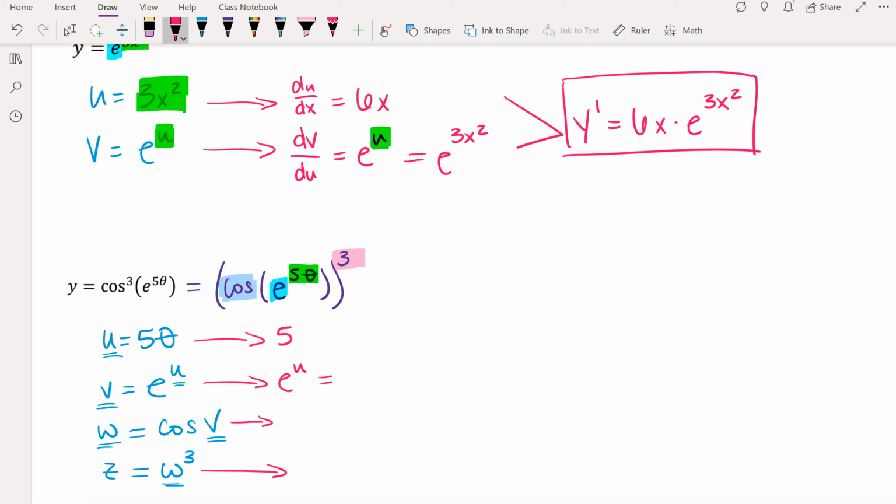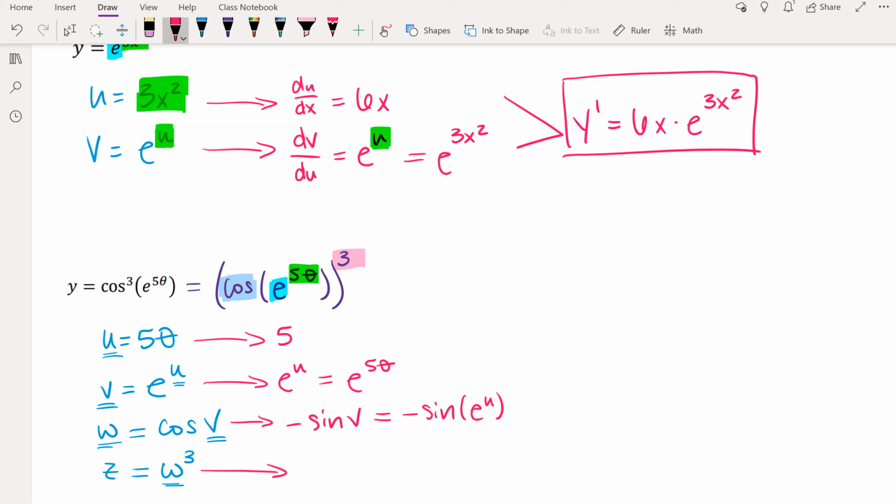But remember, u was 5 theta, right? So this is e to the 5 theta. All right, derivative of cosine v is negative sine v. But this is where it gets really weird. Remember, v was e to the u, so we have negative sine of e to the u.